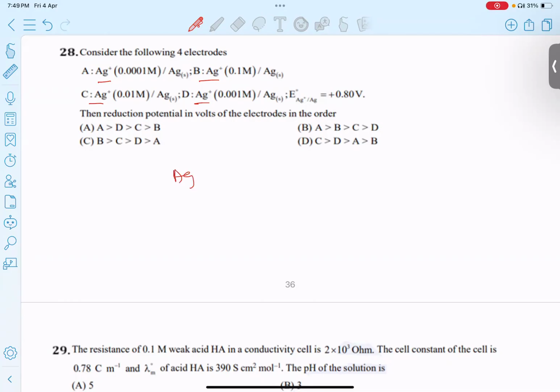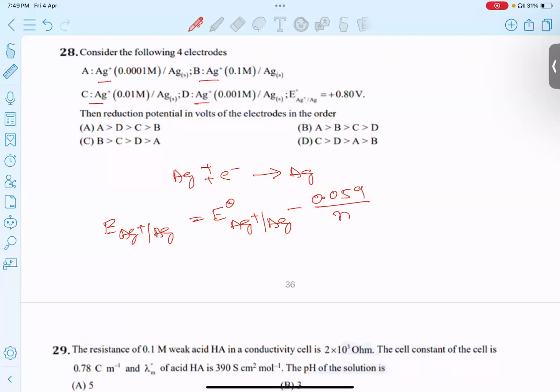Actually, silver undergoes reduction to form silver metal from silver ion. The Nernst equation for this option is: E of Ag plus/Ag is equal to E naught of Ag plus/Ag minus 0.059 divided by n log of 1 by the molar concentration of silver ion.